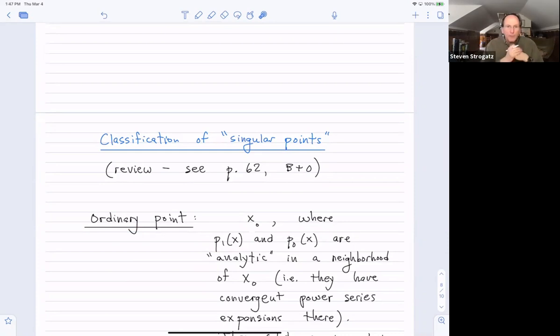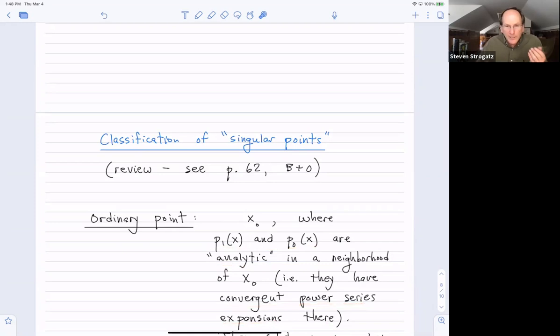Could be a tiny neighborhood, but as long as they're analytic in some little open set around x0, then you have an ordinary point at x0. Now, by analytic here, I'm not really talking about complex variables. I am actually, but if you're just thinking in terms of real variables, analytic would mean that these functions of x have convergent power series.